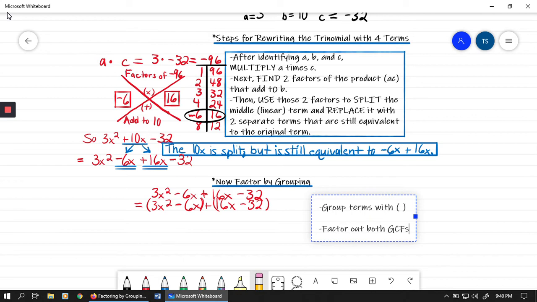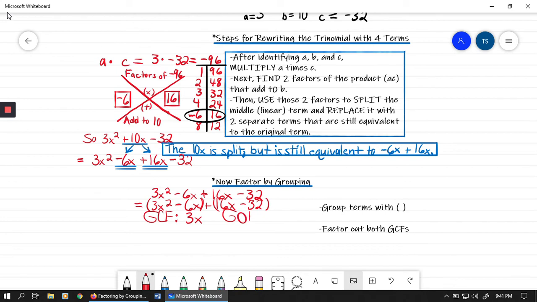Next, we factor out both of the GCFs, and so that means that we identify the GCF of the first group and of the second group. From that first group, the GCF would be 3x. And from the second group, the GCF would wind up being 16.